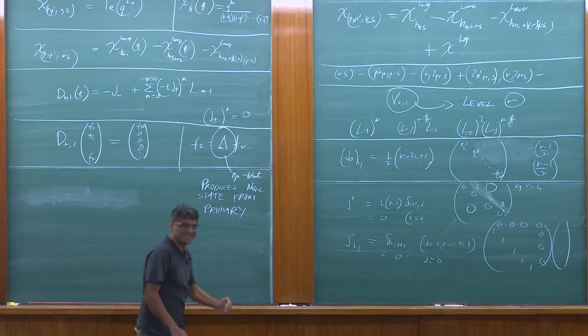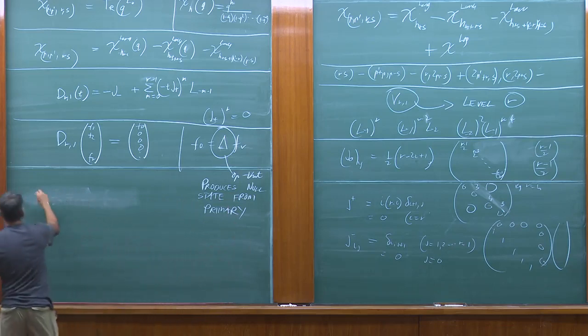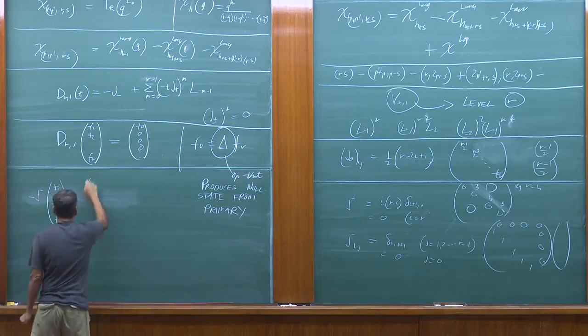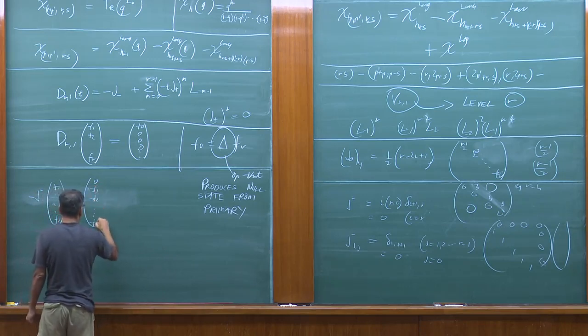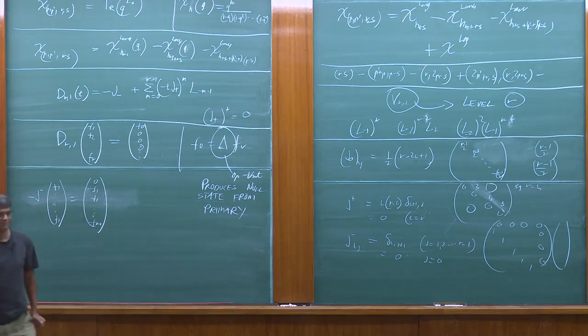Okay, that just lowers. So minus j minus on f1 down to fr is equal to 0, minus f1, minus f2, ..., minus f_{r-1}. Right?